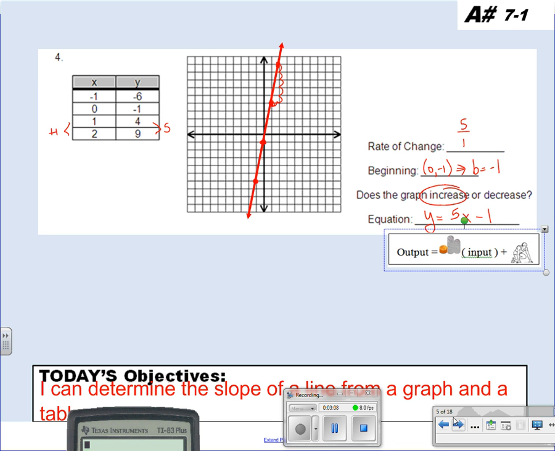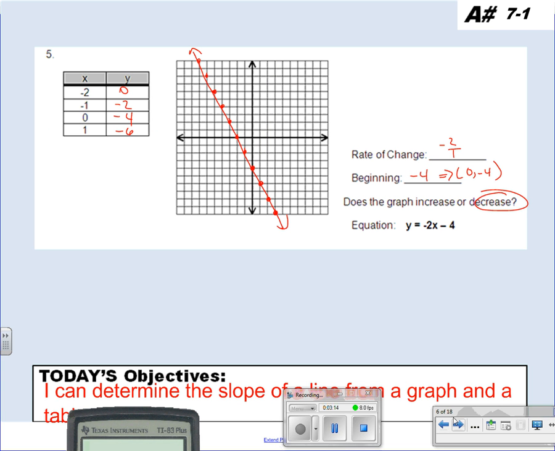Number 4, we have a table, we do our graph, and we came up with our equation. Number 5, this time we had an equation, but we were able to come up with a table and a graph, finding our slope and the rate of change, or rate of change in the beginning.